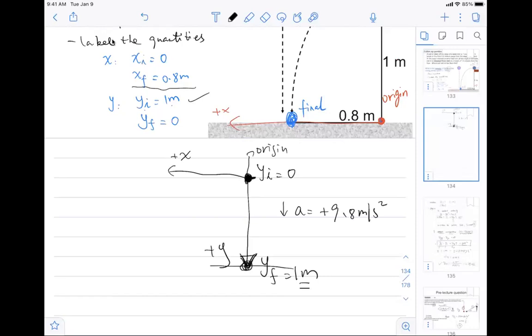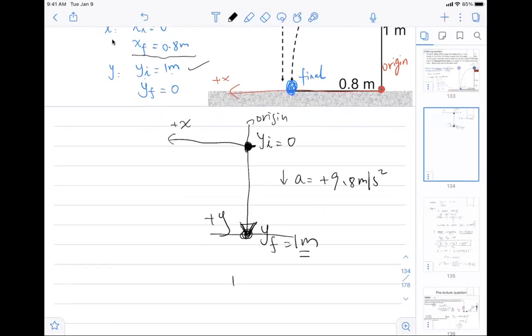So what we do is y final equals y initial plus 1/2 a t squared. So it's 1 equals 1/2 times 9.8 times t squared, and you get the same result. Does that make sense? Yeah. So when you flipped it, you'd have to change the x direction as well, right?